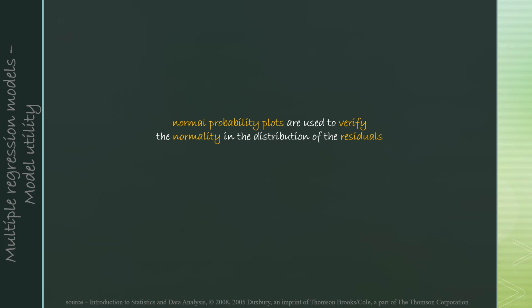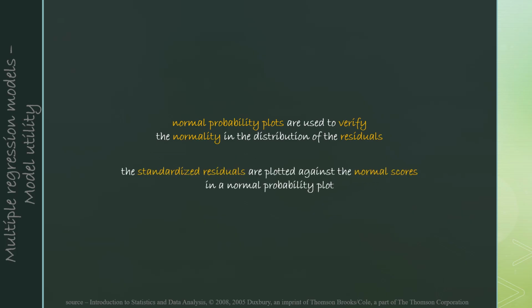Like in the case of simple linear regression, normal probability plots are used to verify the normality in the distribution of the residuals, which is one among the 4 requirements for the error E. As we learned already, the standardized residuals are plotted against the normal scores in a normal probability plot. Most of the standard softwares can provide standardized residuals to facilitate the normal probability plot.